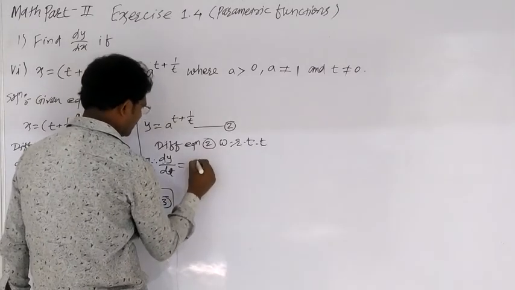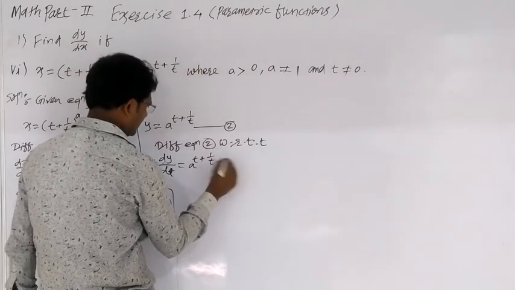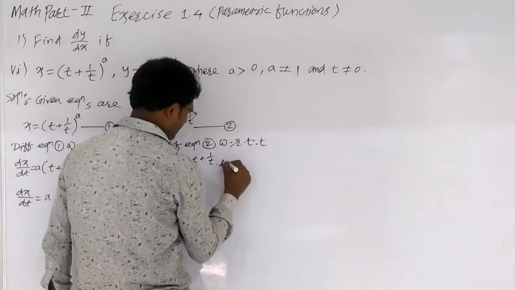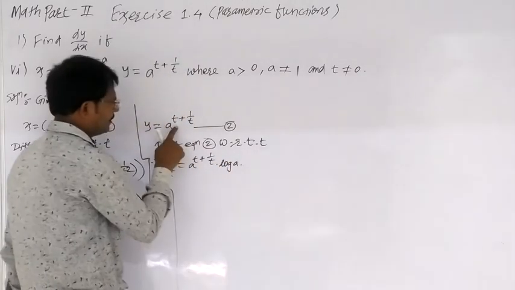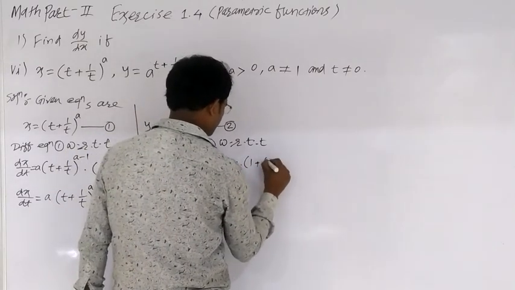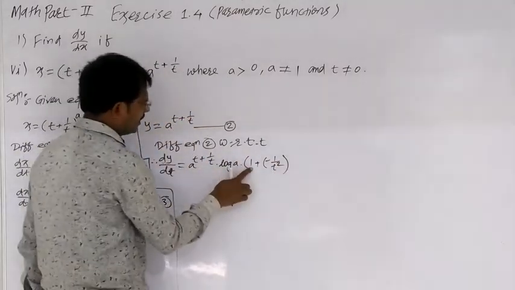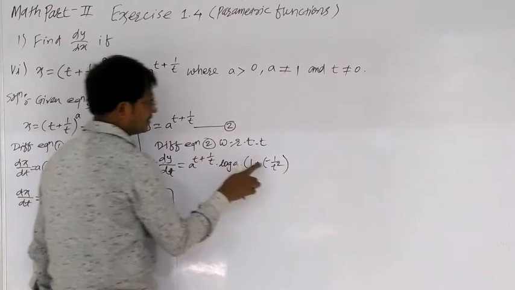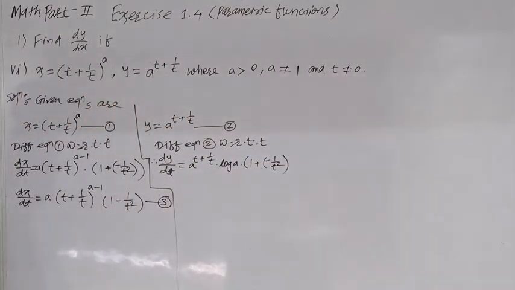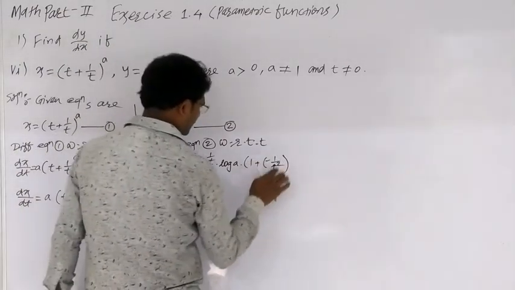A raised to f of x as it is, means a raised to t plus 1 upon t as it is, into log e a into derivative of this t plus 1 upon t, which is 1 plus minus 1 upon t square. Here the derivative of t is 1 and the derivative of 1 upon t is minus 1 upon t square. We know that the derivative of 1 by x is minus 1 upon x square. So the derivative of 1 upon t is minus 1 upon t square.